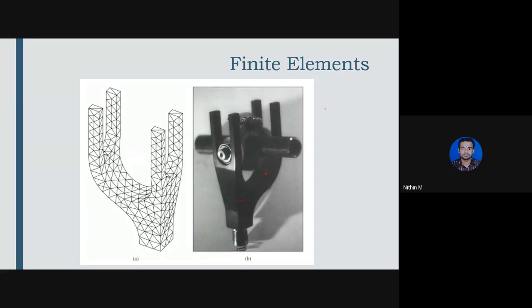Let us say that the weightlifter is capable of lifting a load of 1000 kgs. If I am designing this prosthetic, it should not get deformed or fail upon taking up this load. This is one important thing that we need to consider while designing it.